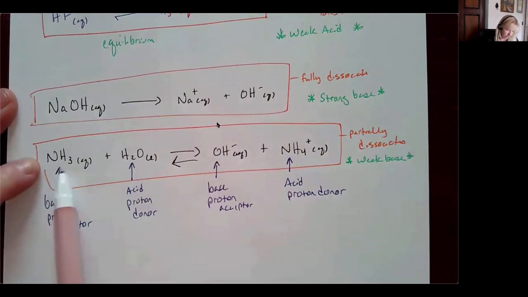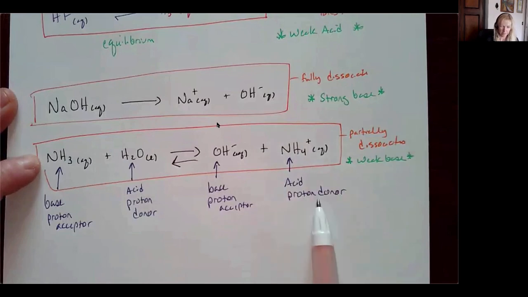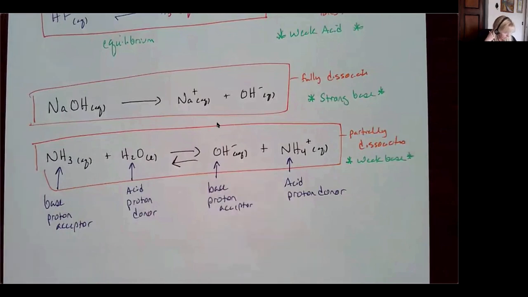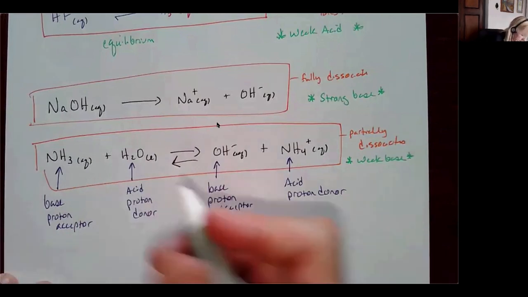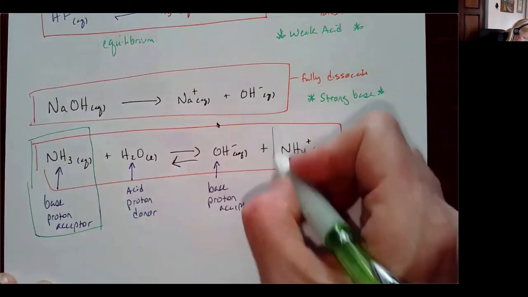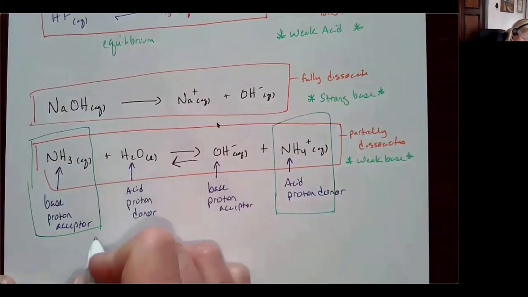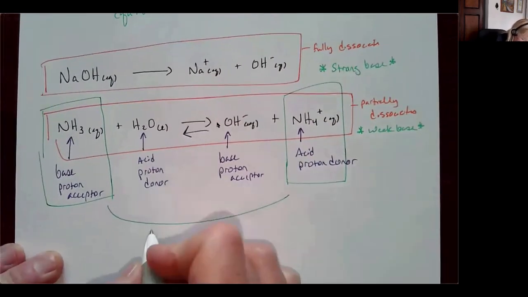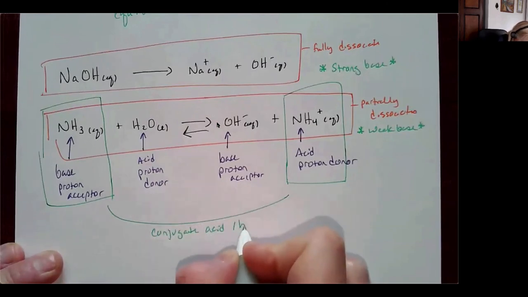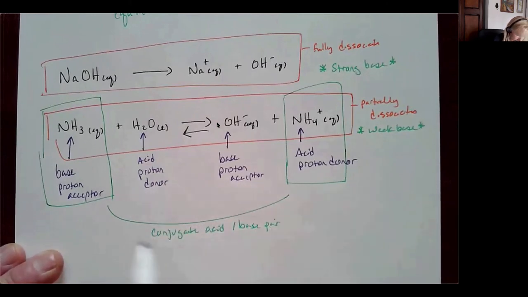Now you'll notice in this I have two acid-base pairs. NH3, ammonia, acts like a base, but ammonium acts like an acid. Water acts like an acid, but hydroxide acts like a base. These are what we call acid-base pairs. NH3 and NH4 plus are going to be what we call a conjugate acid-base pair, meaning it acts like a base on this side and an acid on this side.